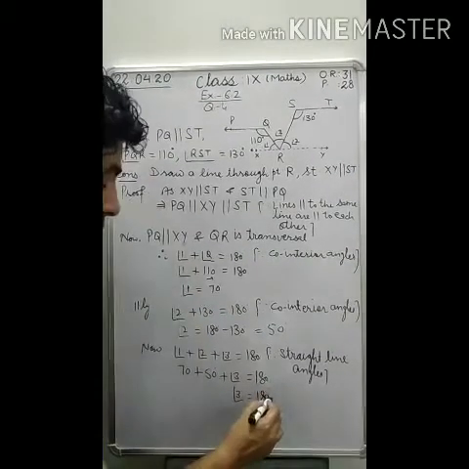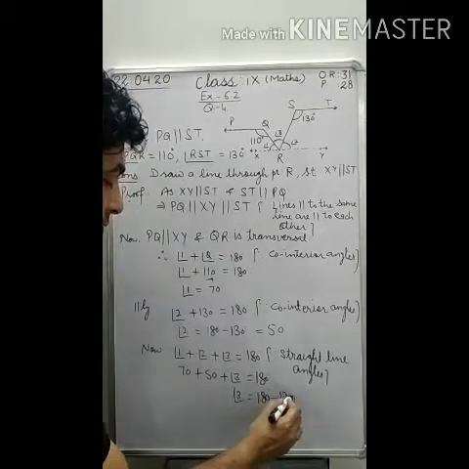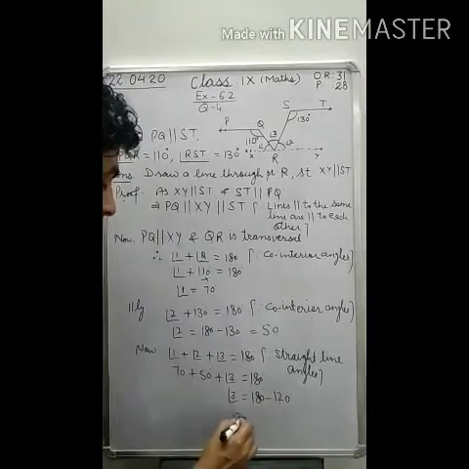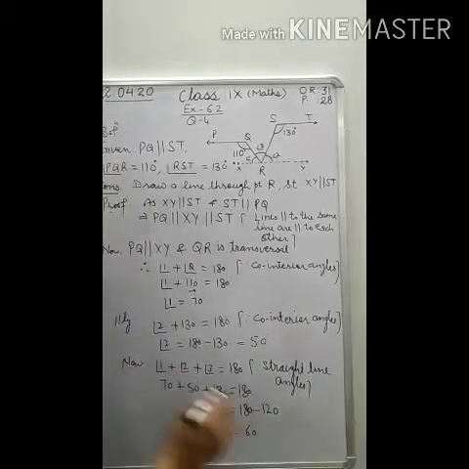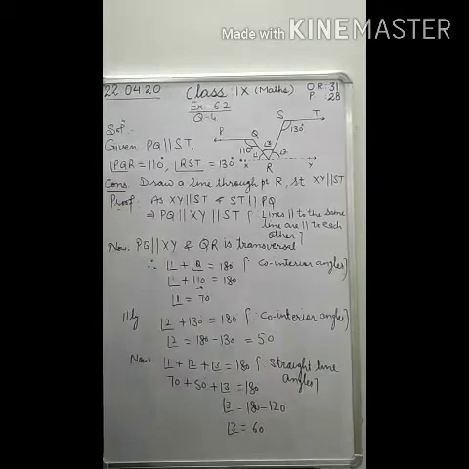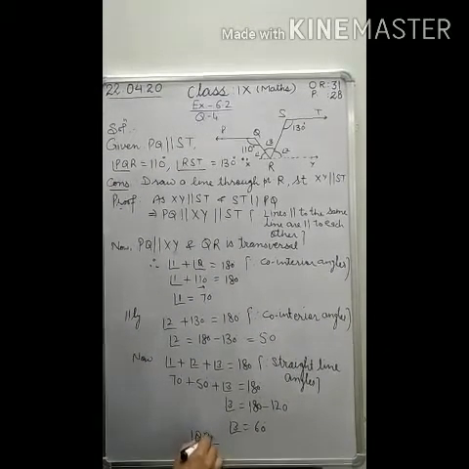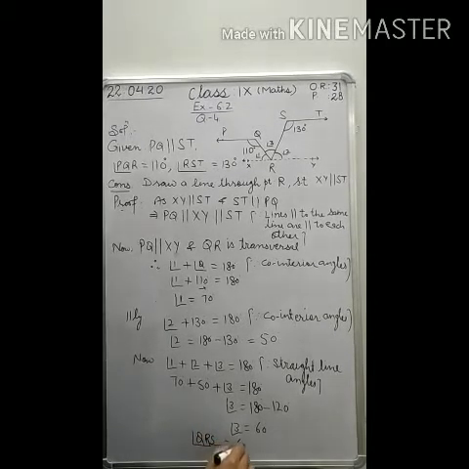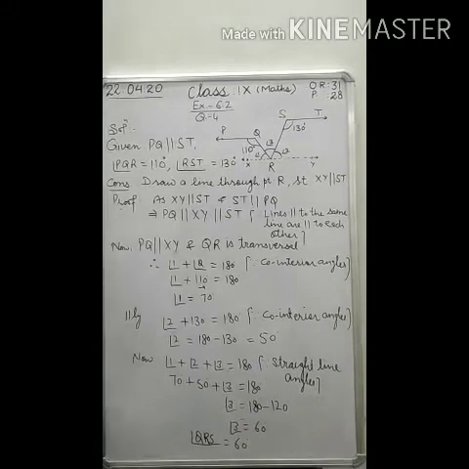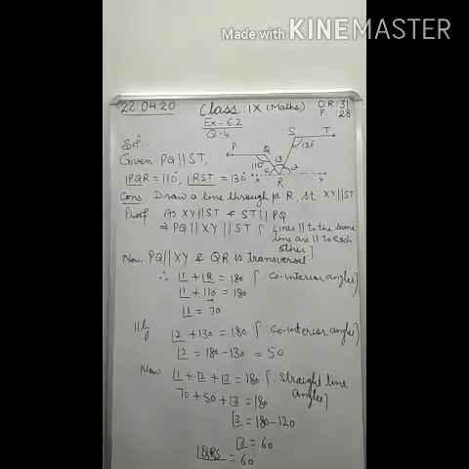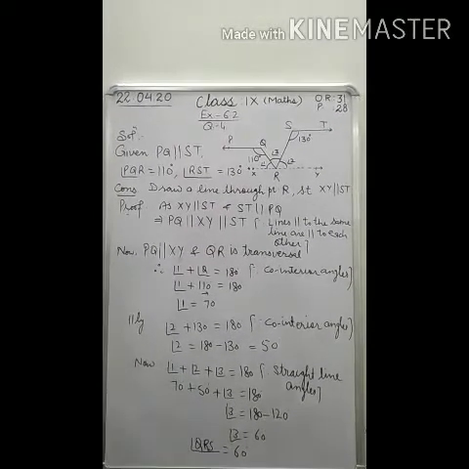When you transpose, they will become negative. So angle 3 is equal to 60 degree, or you can say angle QRS is of 60 degree. So this is the solution of question number 4.